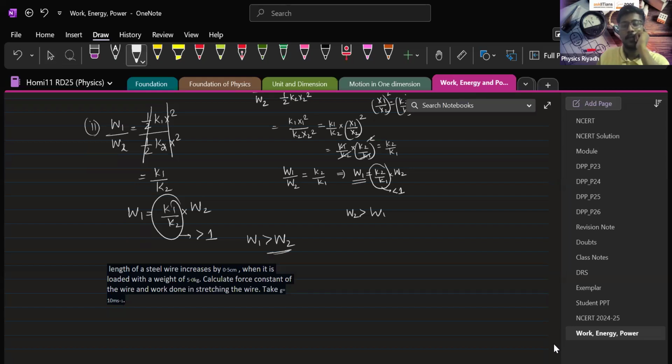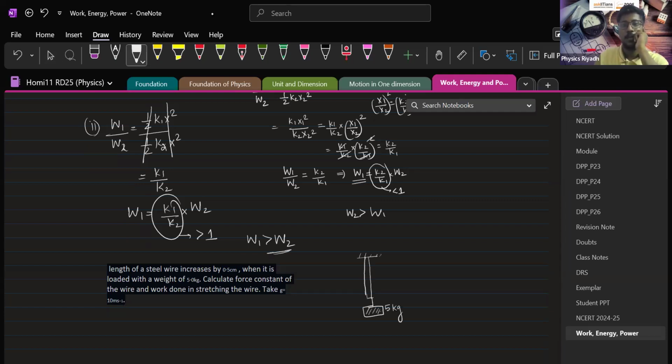You can think of the steel wire as a spring itself, because if something is getting stretched, a restoring force develops inside it. Say the steel wire is fixed here and loaded with a weight of 5 kilogram.